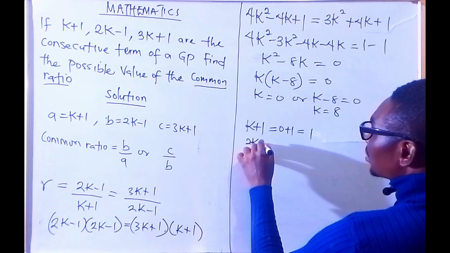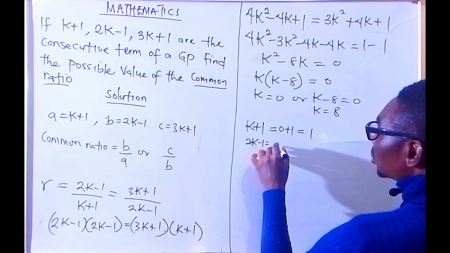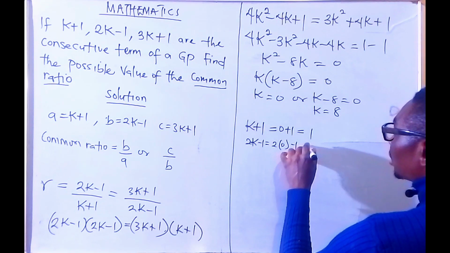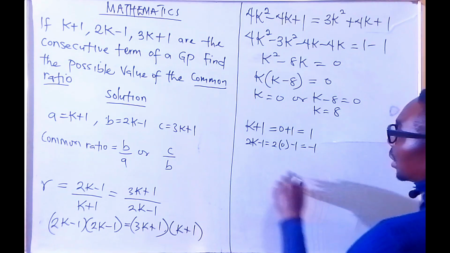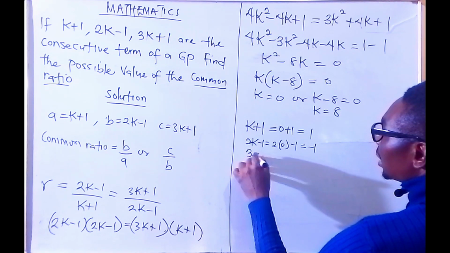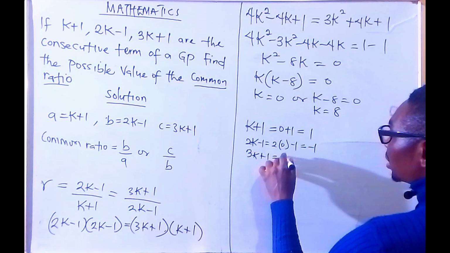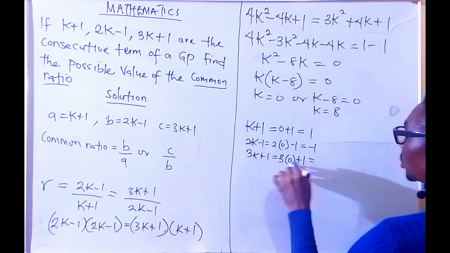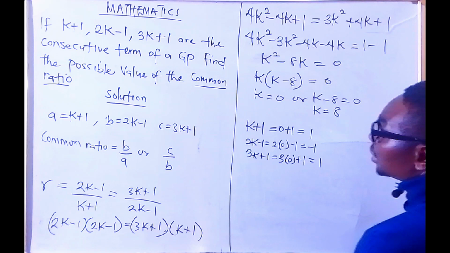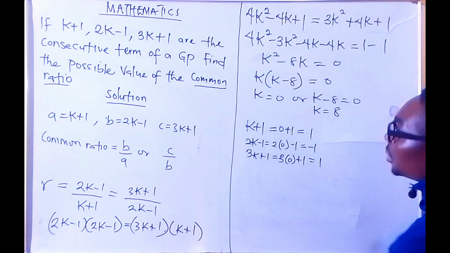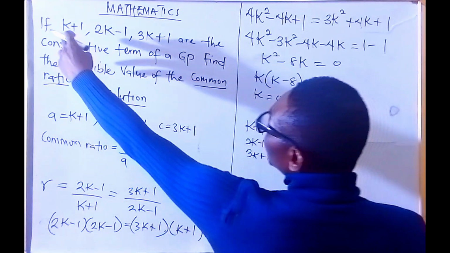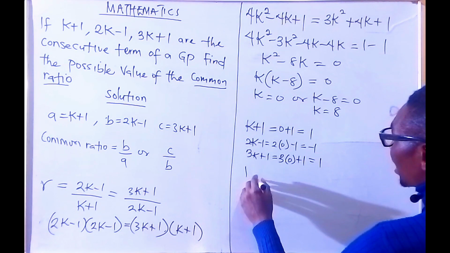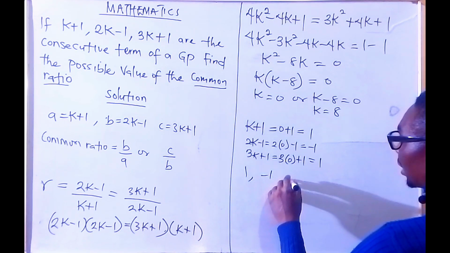Then 2k minus 1 is equal to 2 into 0 minus 1, which is equal to minus 1. Then 3k plus 1 will be 3 into 0 plus 1, which is equal to 1. Therefore, when k is equal to 0, the geometric progression is 1, minus 1 and 1.